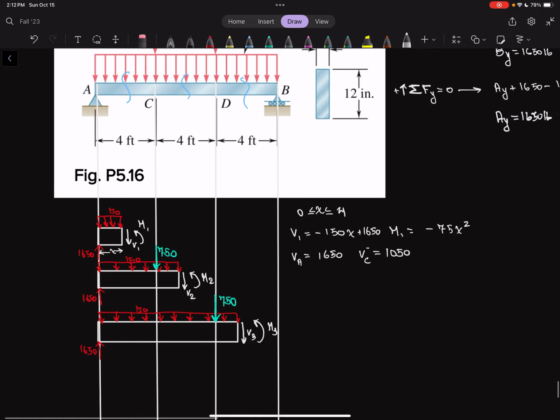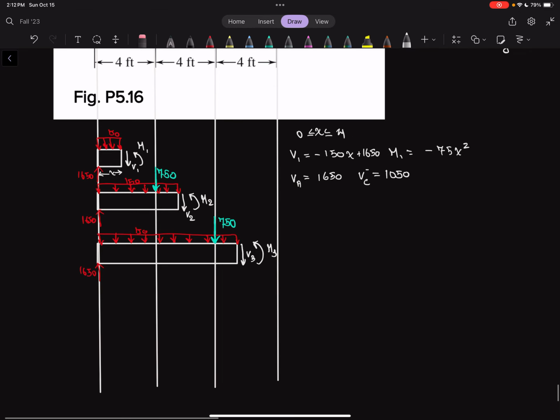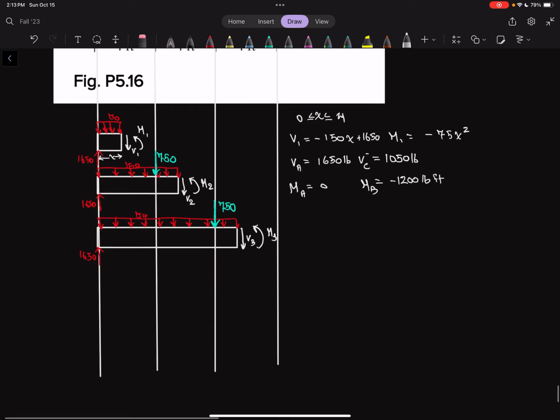Okay, and these are in pounds. So this is pounds and this is pounds. Now, M at A should be 0. It is. M at B is going to be equal to minus 75 times 4 squared, which is 16. And what do we get? Well, minus 1200 pounds feet. Okay.